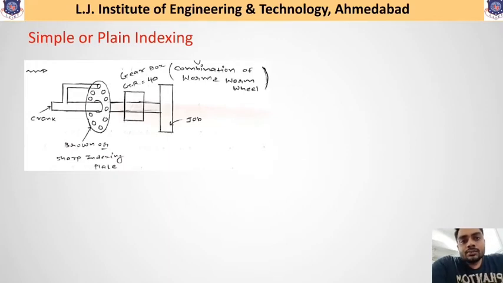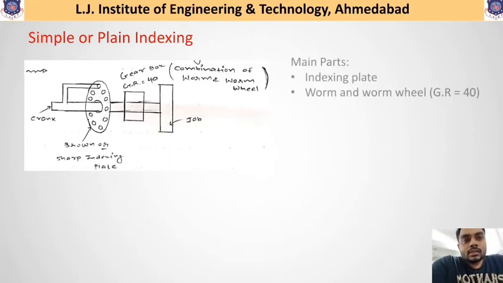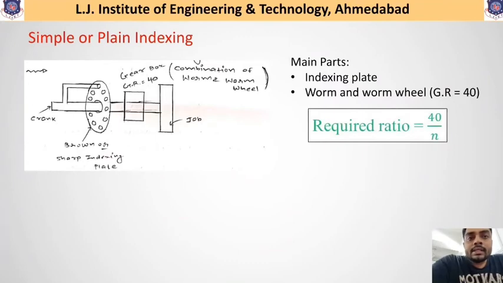So now let us have a look. It has main parts. First one is the brown and sharp indexing plate, and another one is the worm and worm gear, which has ratio 40. And for this simple or plain indexing, the required ratio can be obtained using the equation 40 divided by n.